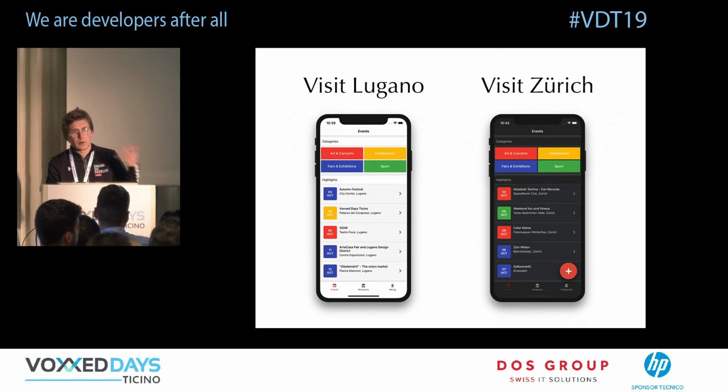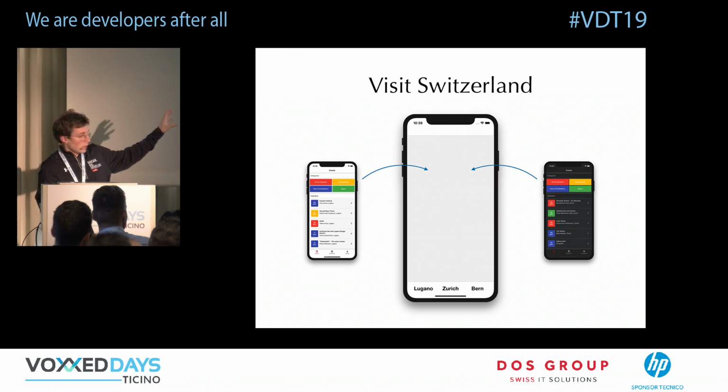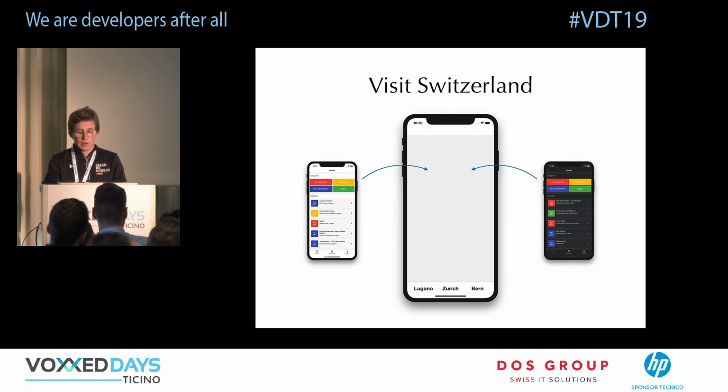And also, if our client comes up with a new application, let's say Visit Switzerland, which basically features both the Lugano and Zurich apps as sub-modules. Those, as we saw, are the byproduct of white label generation.